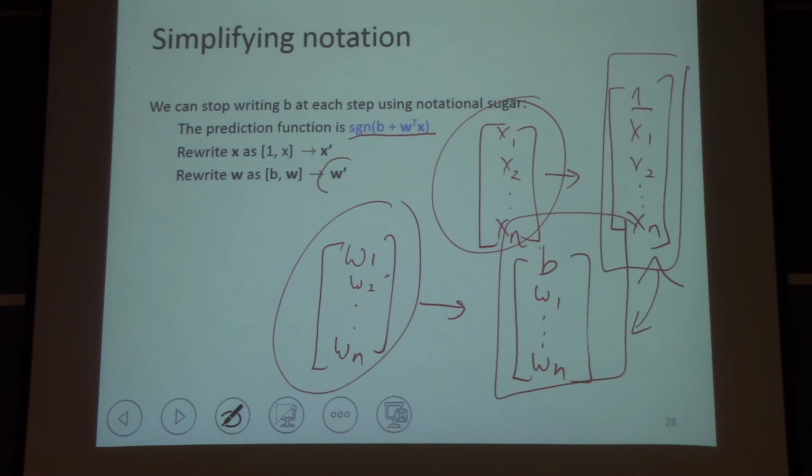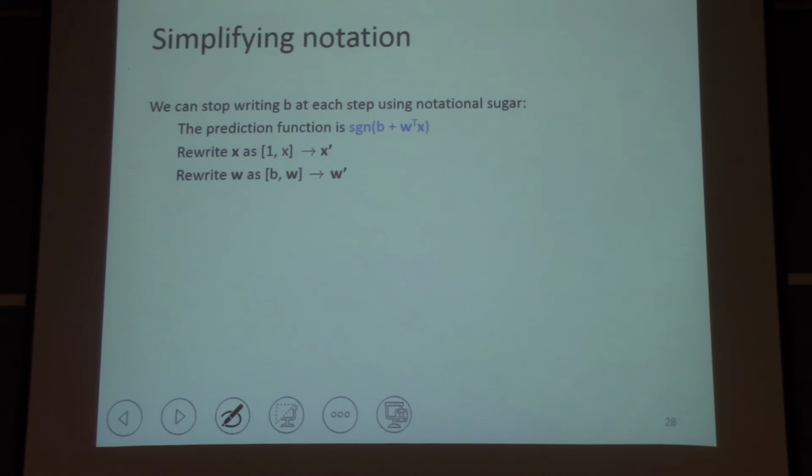Would it be a better idea to just let b be taken care of by the feature transform? This is another feature transformation, and this is a notational trick, nothing more than that.